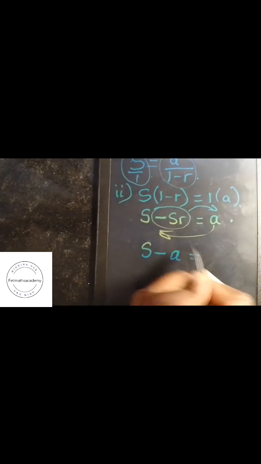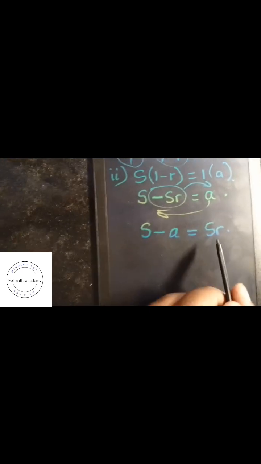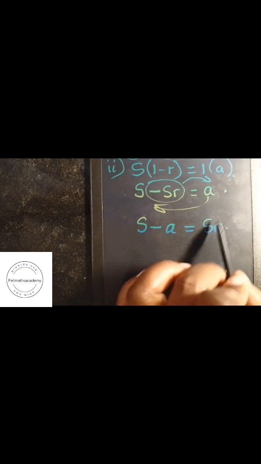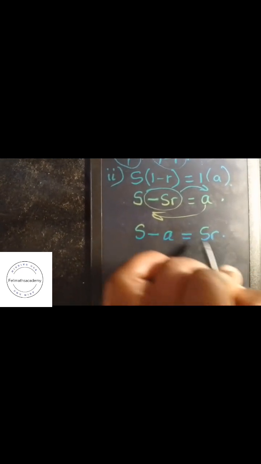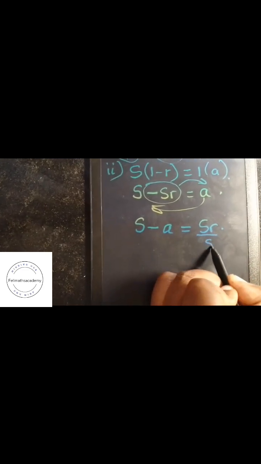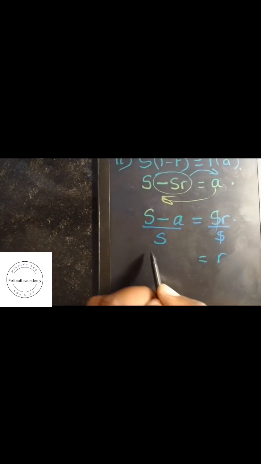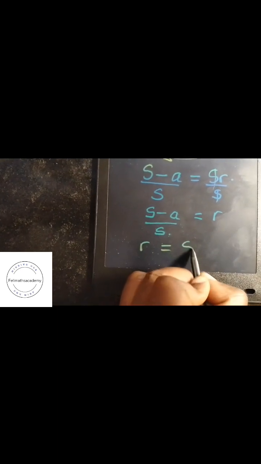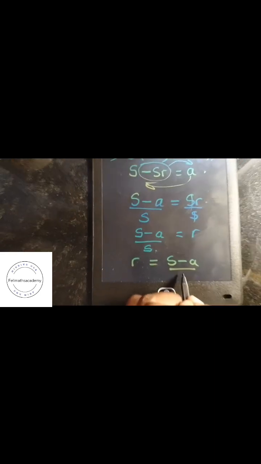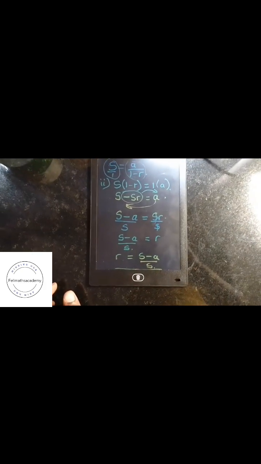A is equal to, this was negative, it becomes SR. Remember we want to make R the subject of formula, but this R is multiplying by S. So to remain with R there, we divide both sides by S. So R is equal to S minus A over S. So we've made R the subject of formula.